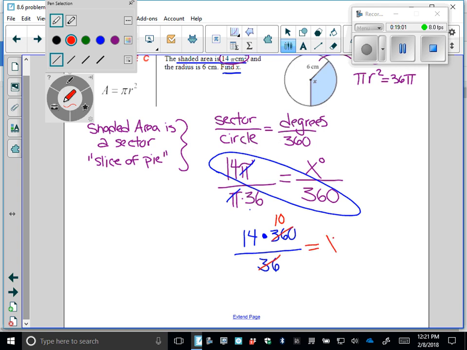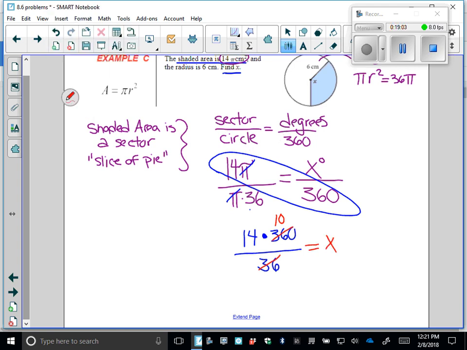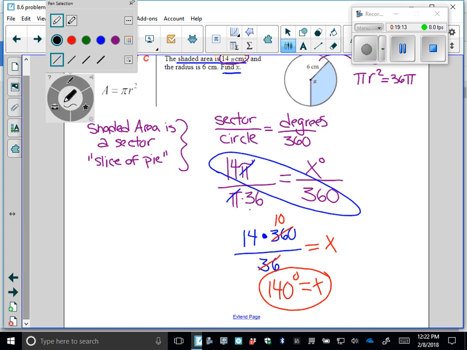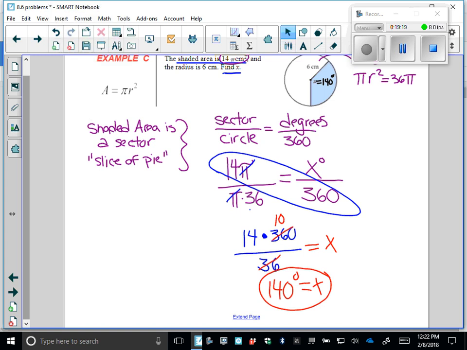This is what x is equal to. So 140 degrees is equal to x. So that's kind of like a going backwards problem. So we learned that this is 140. All right, that's a summary of how to do shaded area problems in a circle.